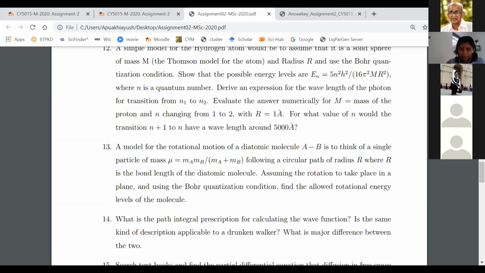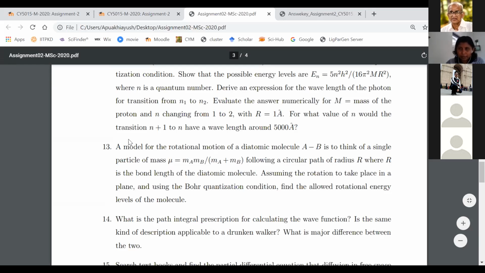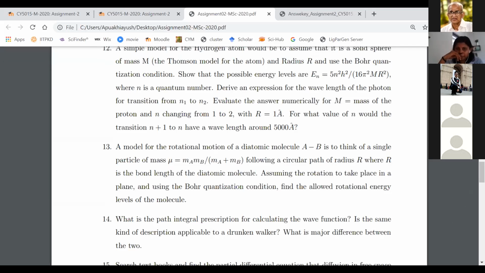What I am doing is reading question number 13 from the beginning. A model for the rotational motion of a diatomic molecule AB is to think of a single particle of mass mu, Ma into Mb divided by Ma plus Mb, which is actually the reduced mass of the system, following a circular path of radius r, where r is the bond length of the diatomic molecule.